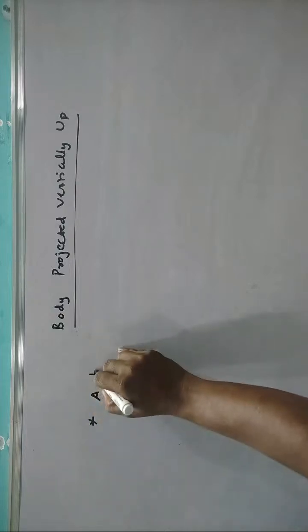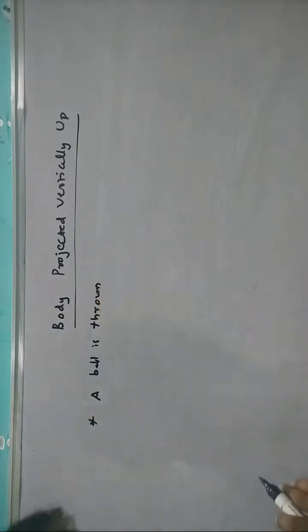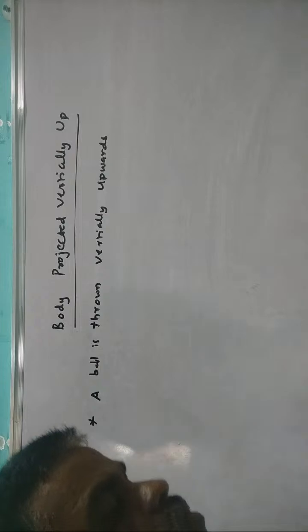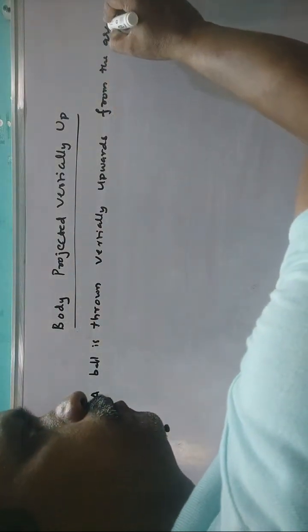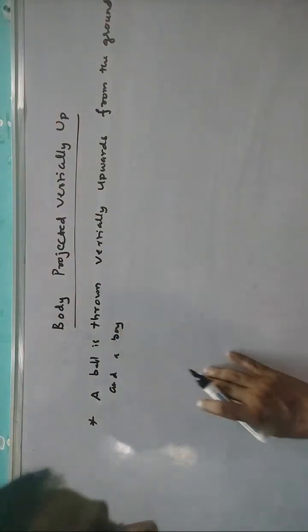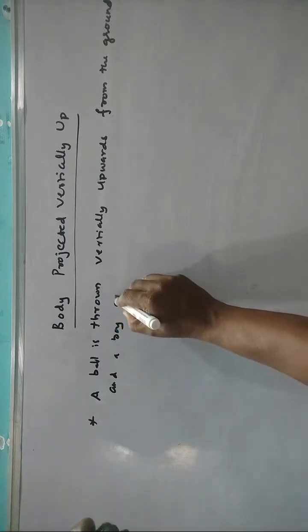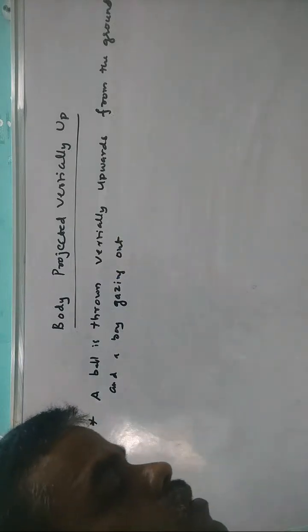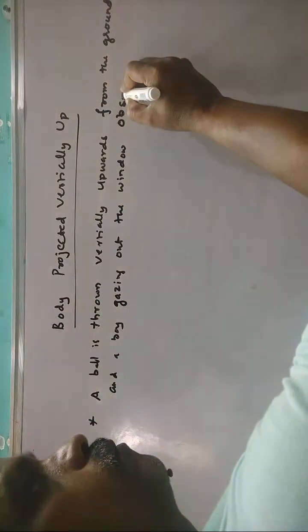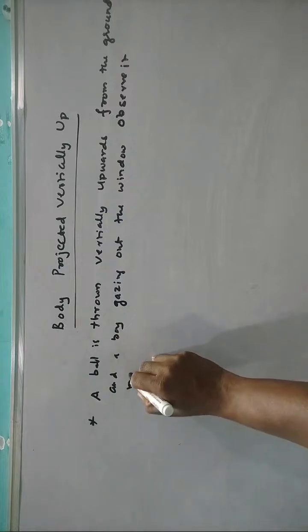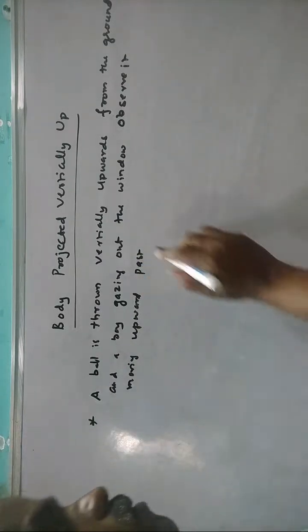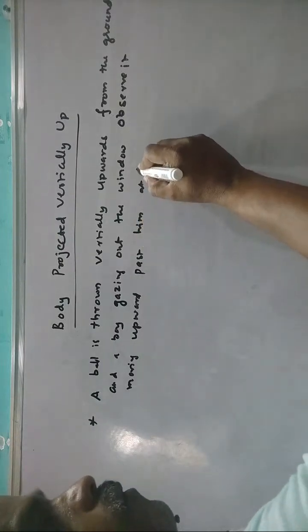A ball is thrown vertically upwards from the ground, and a boy gazing out the window observes it moving upward past him at 5 meter per second.